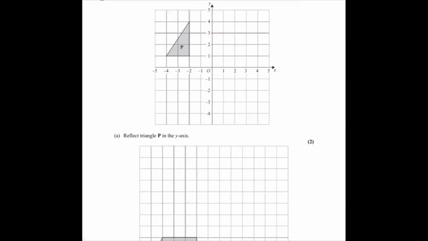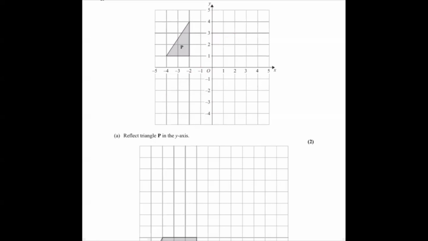You can use your tracing paper, where you pop your tracing paper over your shape, trace your shape, trace your line, give it a good marker, maybe go across here and put the cross on so that when you flip it over, you can line it up. Tracing paper is so good when you have to reflect in a diagonal line, and I would thoroughly recommend that over the count if you're not very visual.